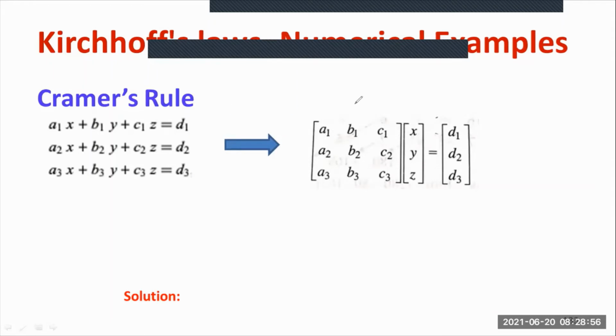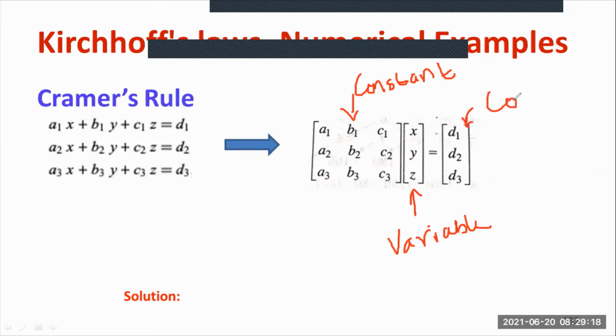These are all the constants. Next I want to write the variables. This is your variable, a one column matrix. And this will be the constants again, that means d1, d2, d3. These are also constants corresponding to those equations.